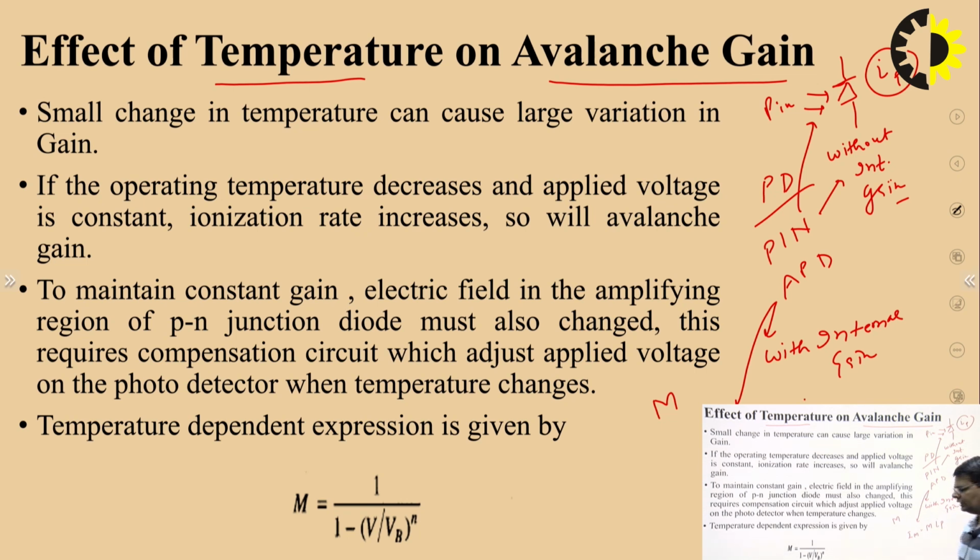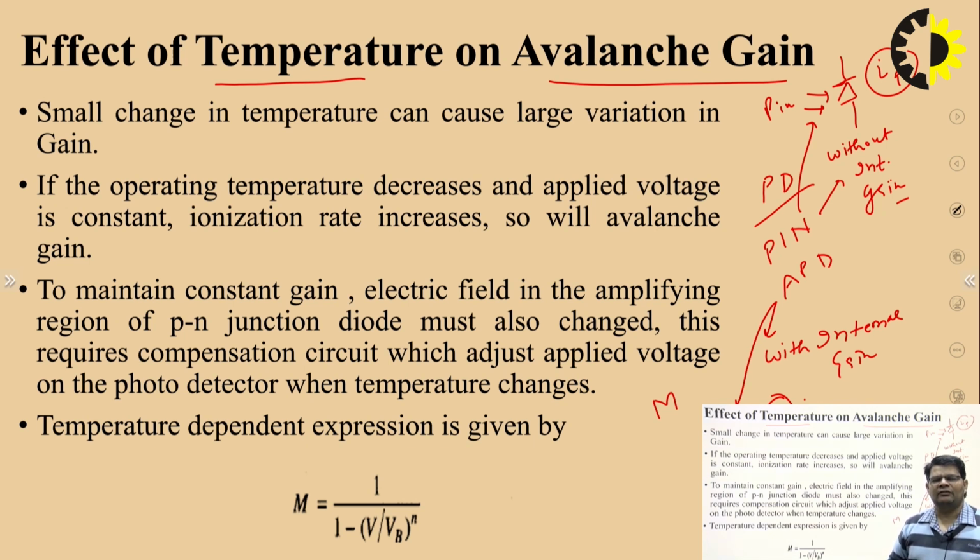That means M is the internal gain that we are getting additionally in the case of APD, avalanche photodiode. This additional internal gain is because of the secondary generation of photocarriers, because of impact ionization initially, and after that because of the avalanche effect.